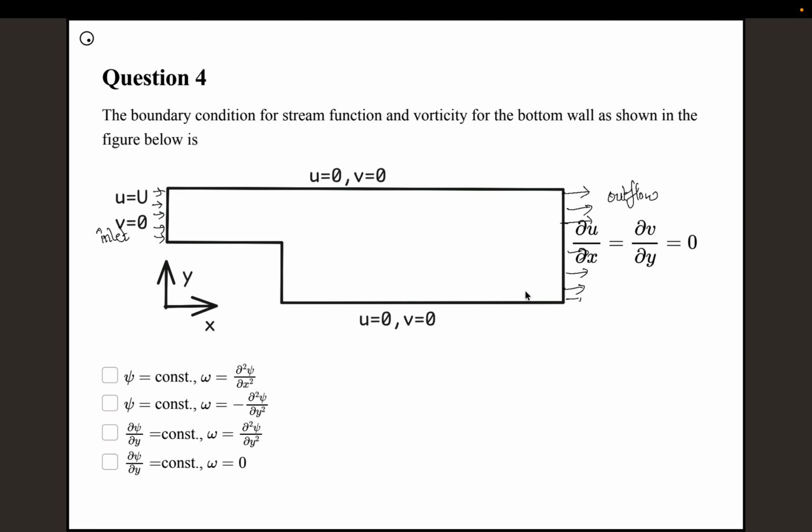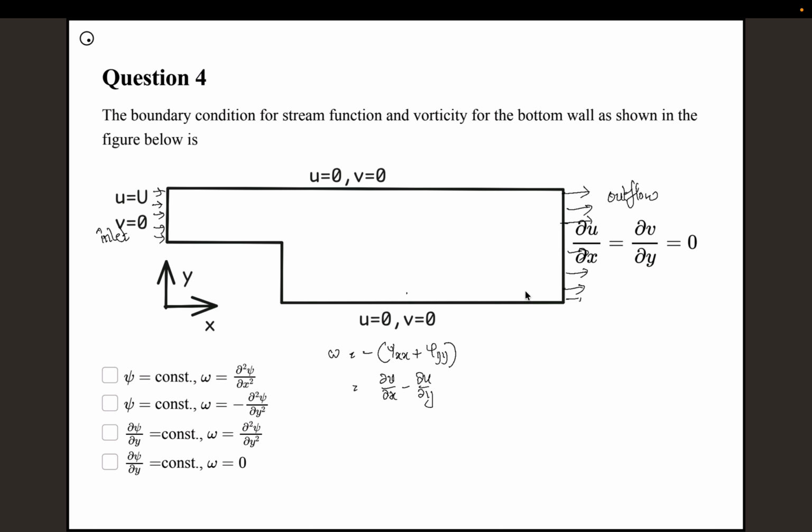whether it is a horizontal or which axis it aligns with. So for this particular wall, will omega be minus psi xx or minus psi yy? Or in general, I can write it as del v del x minus del u del y.